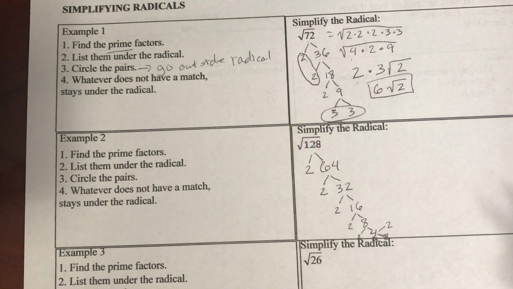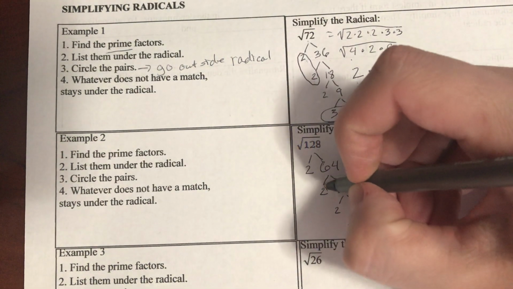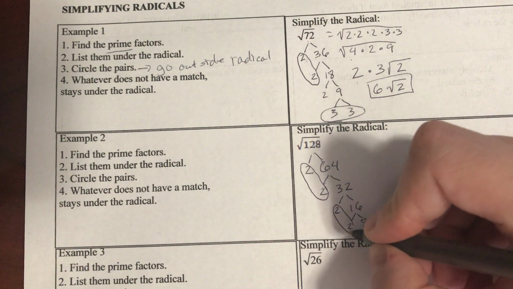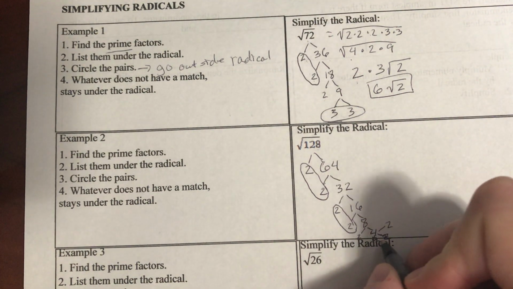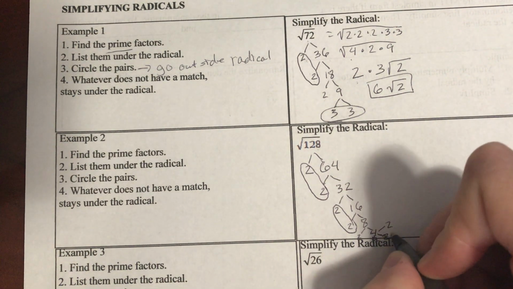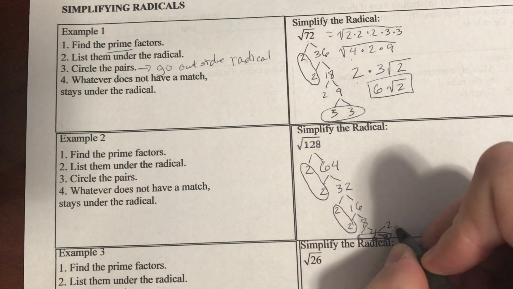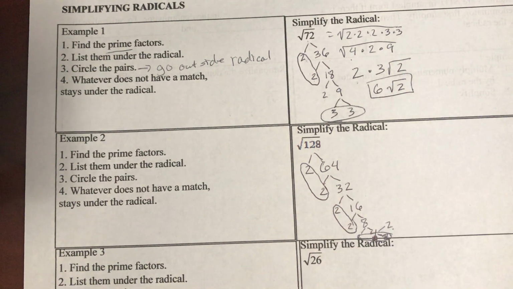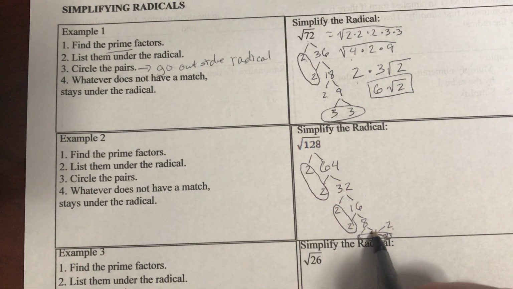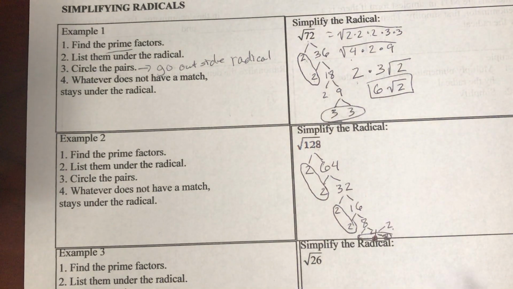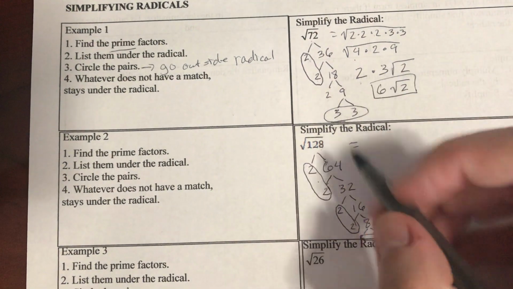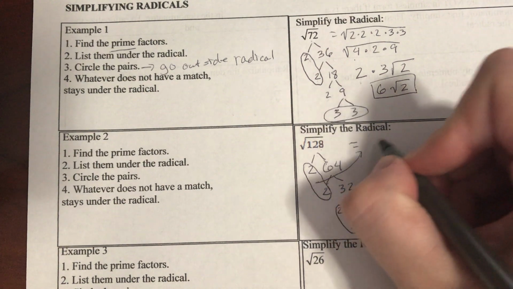All right, so we can start circling our pairs. I'm going to start over here. I have one pair right here, one pair right here, and one pair right here, and I have one that's left over by itself. Sorry if this 2 is messing up. I have a 2 times 4 and then a 2 times 2 over here. So I'm going to take one 2 from the outside, so one of them is going to go out here.